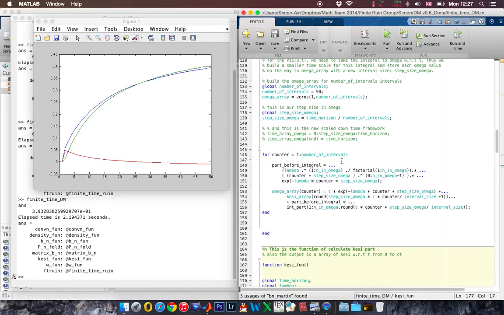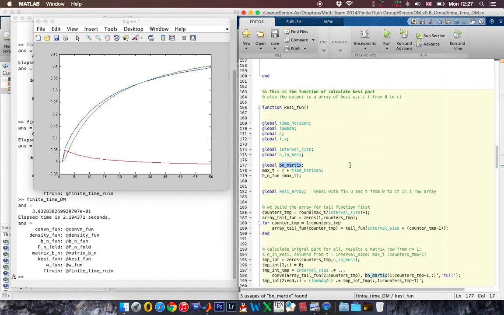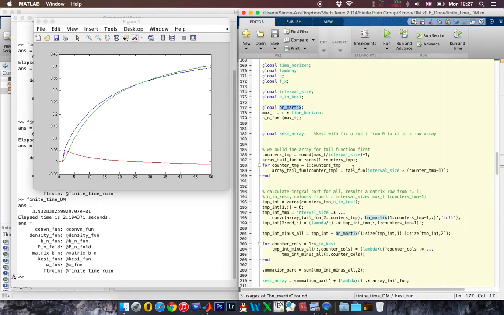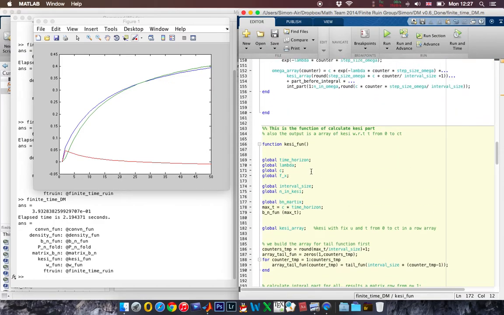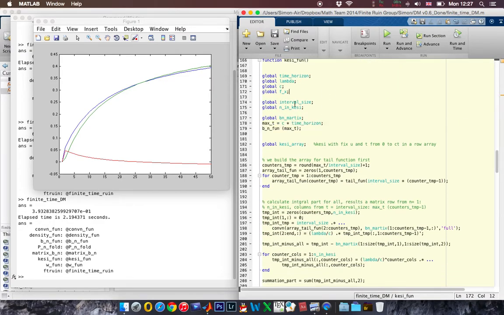So the next part we are going to do, I do believe, is calculating the c function. As you can see, this is the start of the c function. We will already have our Bn matrix here, and the maximal T is claimed just as I said, c times the time horizon.